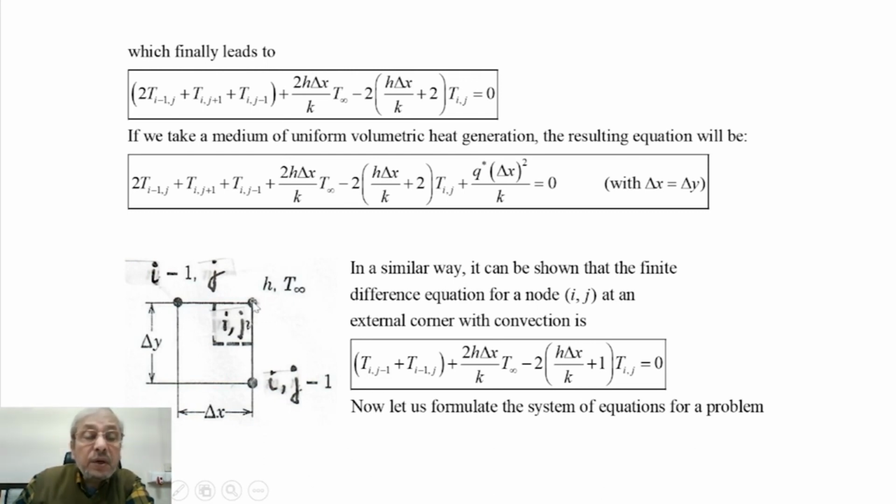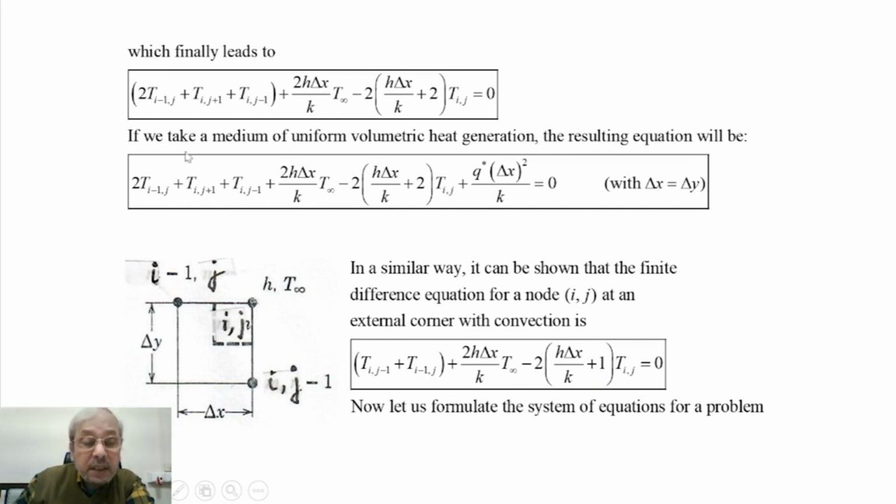If this external corner node is identified as (i,j), then T(i,j) is expressed as T(i,j-1), that means the temperature at this point, plus T(i-1,j) plus 2H delta x by k into T infinity, where T infinity is the local fluid temperature, minus (2H delta x by k plus 1) into T(i,j).